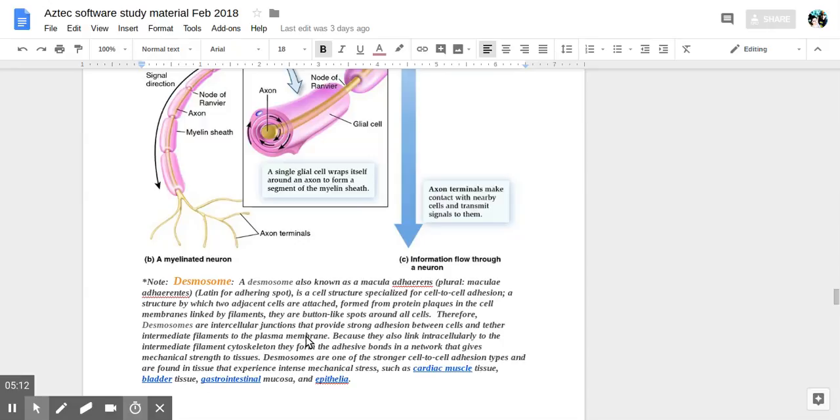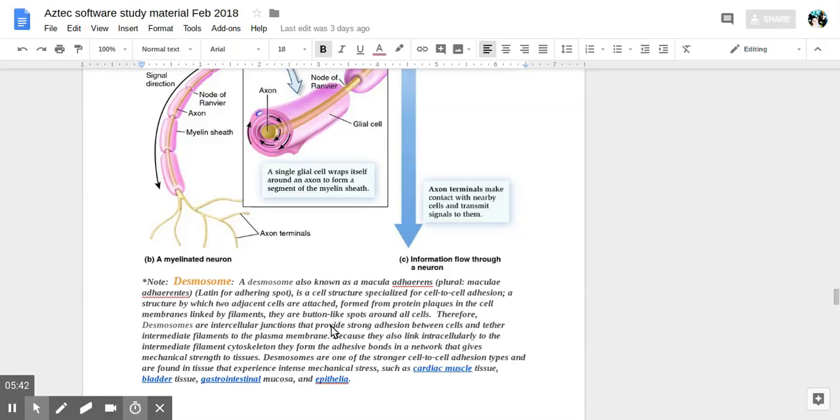Therefore, desmosomes are intercellular junctions that provide strong adhesion between cells and tether intermediate filaments to the plasma membrane. Because they also link intracellularly to the intermediate filament cytoskeleton, which we mentioned in the previous videos, they form adhesive bonds in a network that gives mechanical strength to tissues.